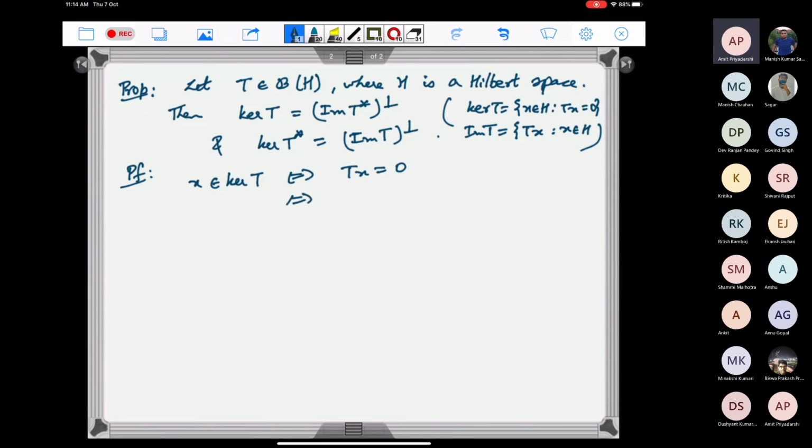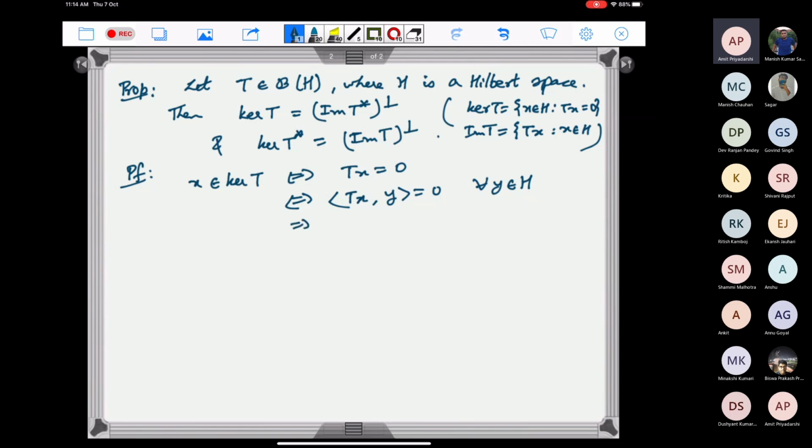And this is if and only if Tx inner product with y is equal to 0 for all y in H. Of course, if Tx is 0, then Tx inner product y is 0. And conversely, if Tx inner product with y is 0 for all y, then you can take y equal to Tx, and that will imply Tx is 0. So these two are also equivalent.